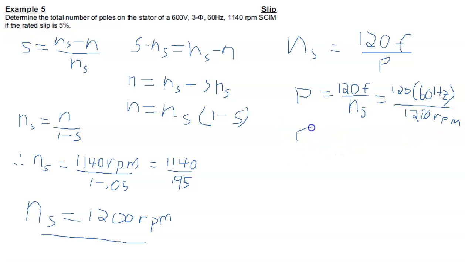And so therefore P came out to be 6. And remember that P is poles per phase, and here we are asked for total poles, right?